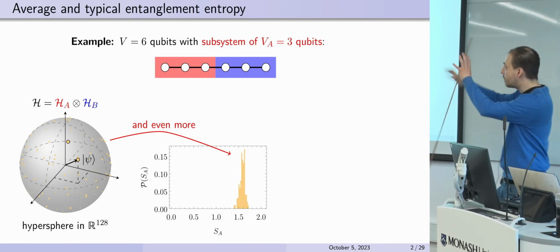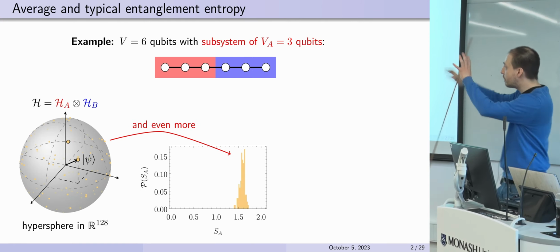In general, we can compute the mean and the variance of this distribution, and already here for just 6 qubits, it looks pretty well approximated by a Gaussian distribution. We expect that to get better and better for larger systems, but that's not even relevant for the discussion.